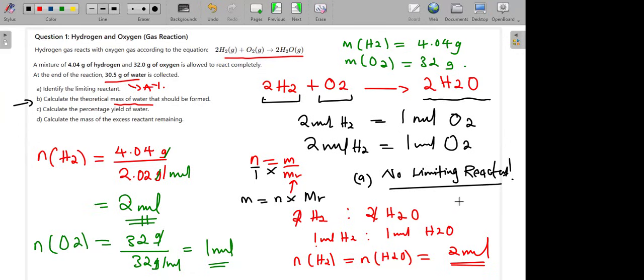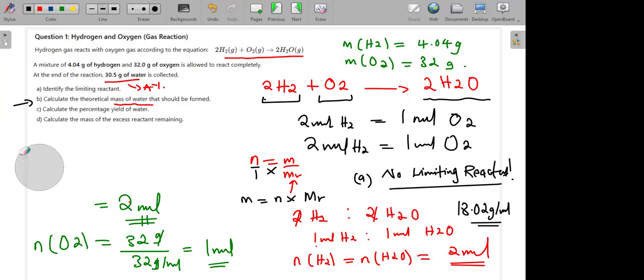So what is the molar mass of water? The molar mass of water is 18.02 grams per mole. Check with the periodic table, you get the molar mass of oxygen, and then you add 2 times the molar mass of hydrogen. You're going to get 18.02. So to calculate my mass of the water, let me erase this.